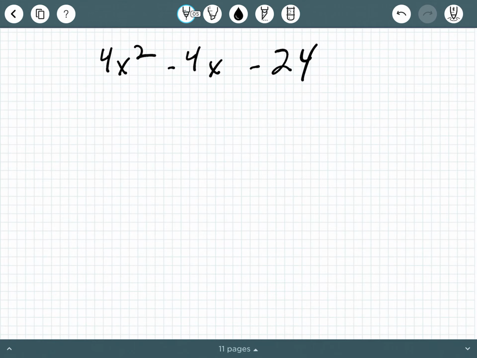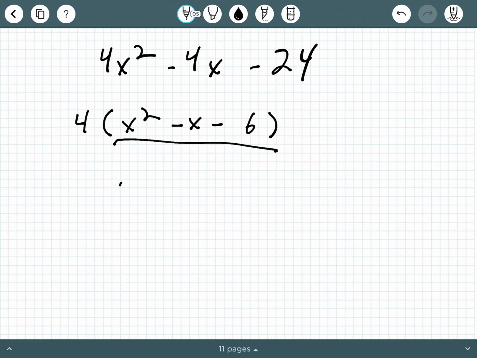To factor completely means we want to take out that 4 from everything. So if I divide everything by 4, it becomes 4 multiplied by x squared minus x minus 6. Now I just factor what's in those parentheses using my rectangle and diamond.